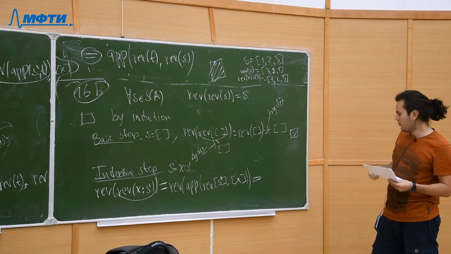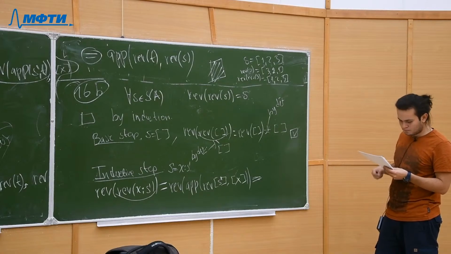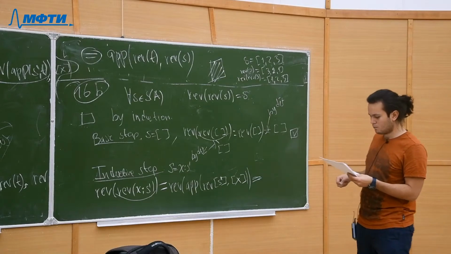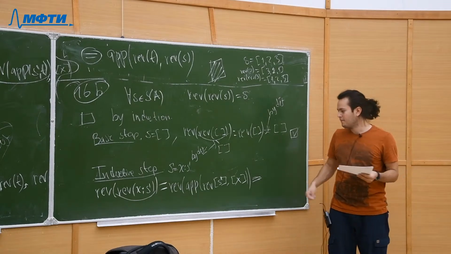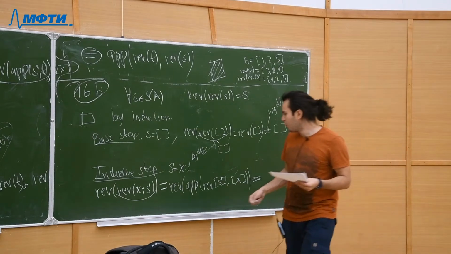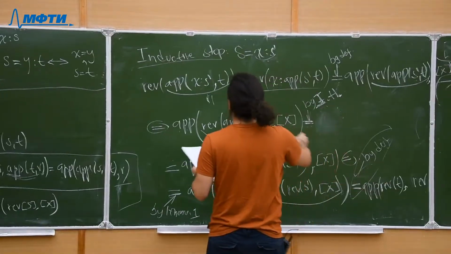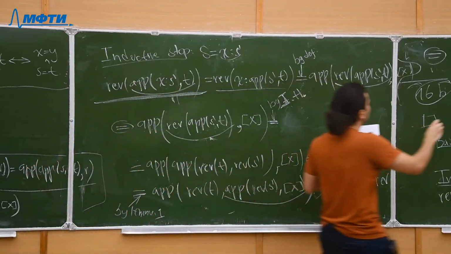So we have the app of the reverse and some X. So, any idea? No? What we just proved, we proved that this is equal to this.